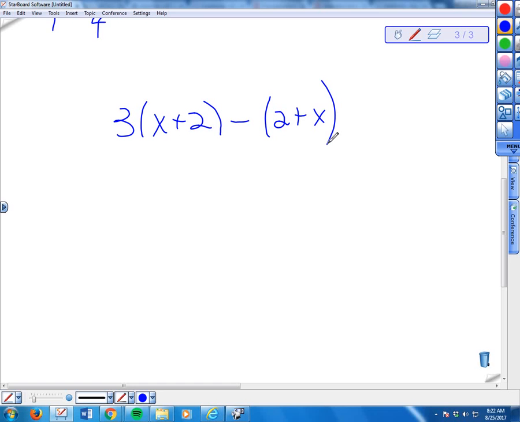Remember, when I am subtracting, there's a subtraction sign before a parenthesis, treat it as if there's a -1 there, and distribute a -1 to both terms. Many times, this is where you'll mess up. You'll distribute that -1 to the -2, and you'll forget to distribute the -1 to the second term.